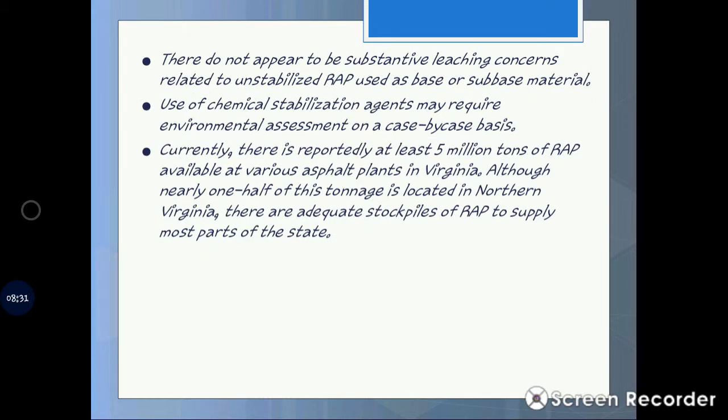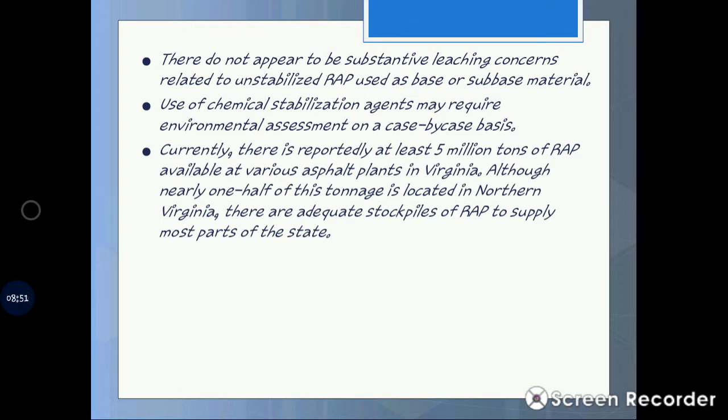So for other conclusions, there do not appear to be substantive leaching concerns related to unstabilized RAP use as base or sub-base material. Use of chemical stabilization agents may require environmental assessment on a case-by-case basis.